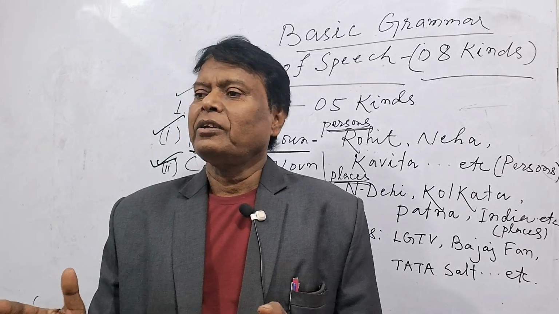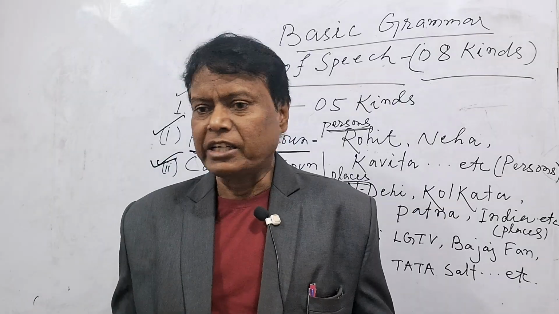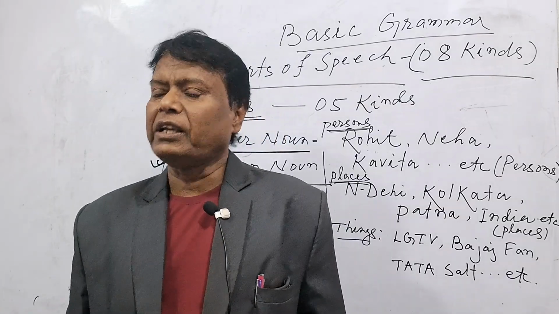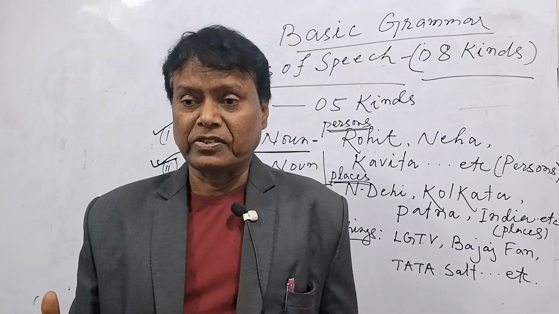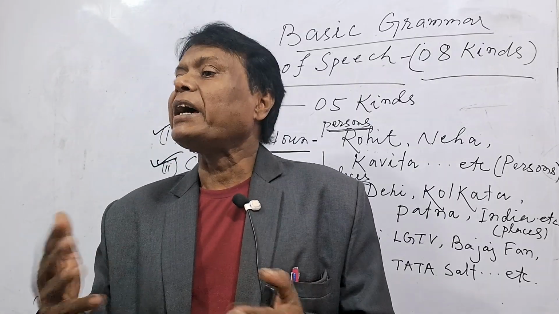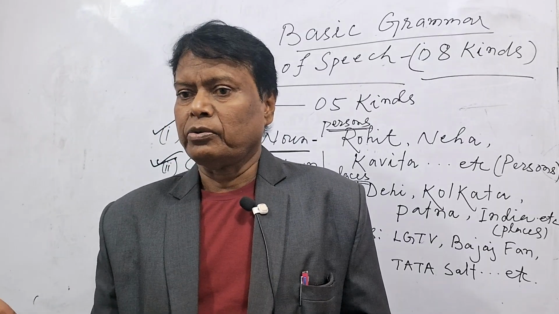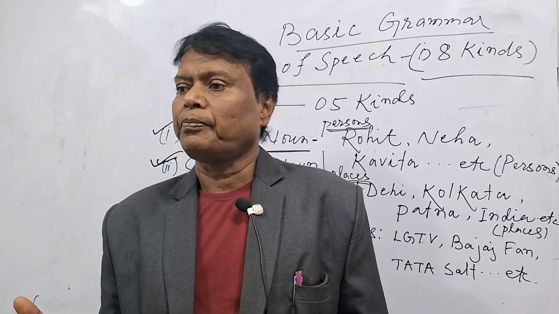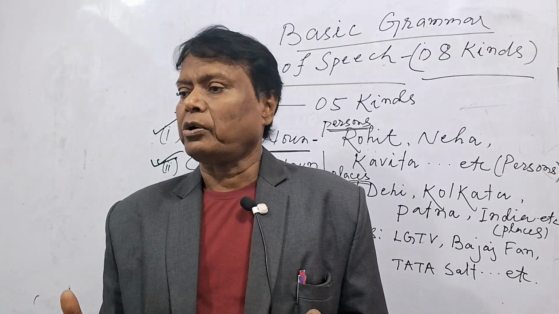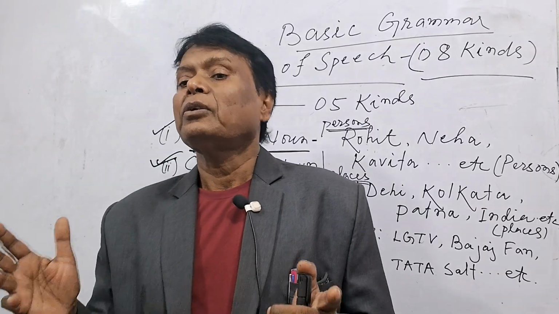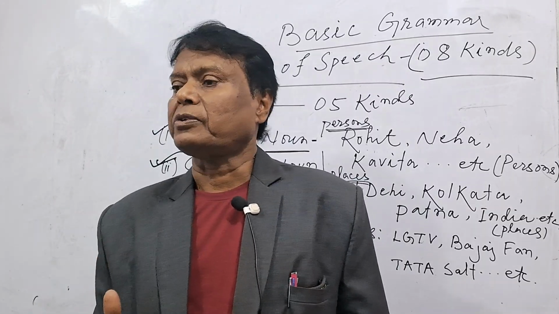In children, gender is not identified here. Gender identify नहीं होता है, लेकिन हम जानते हैं छोटे बच्चे हैं, that's all. Students, girls, boys, we don't know who they are. Understood? By name we don't know them. Teacher, doctor, we know the profession. Teacher, doctor, engineer, all these are the common naming examples.